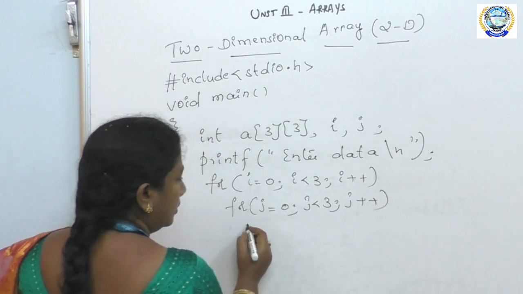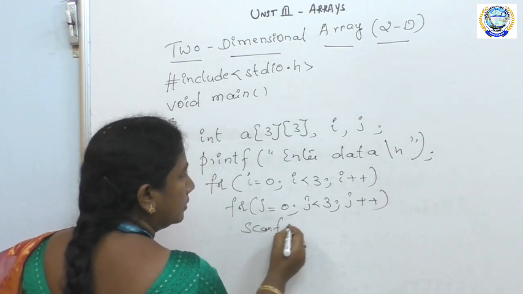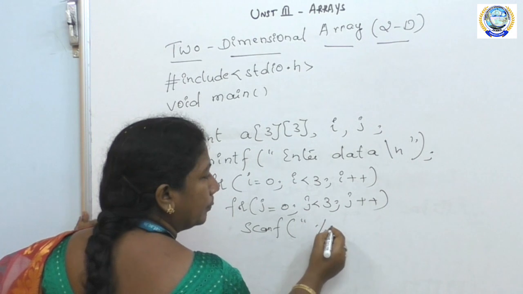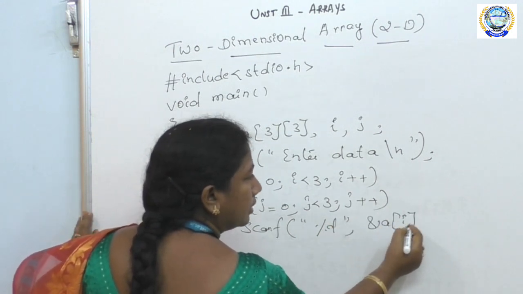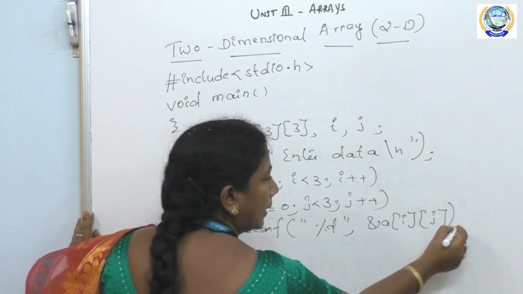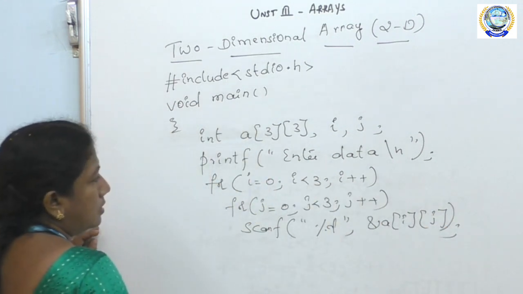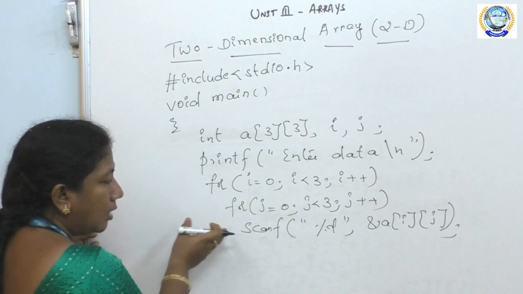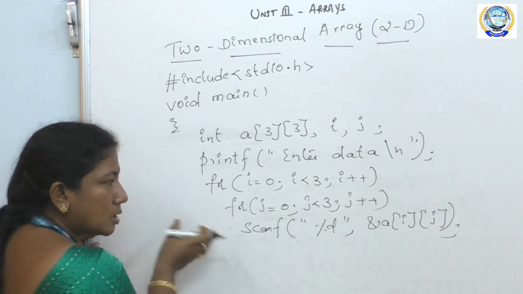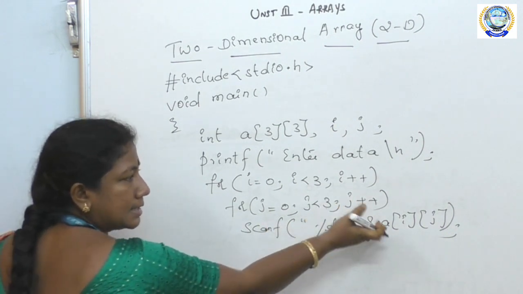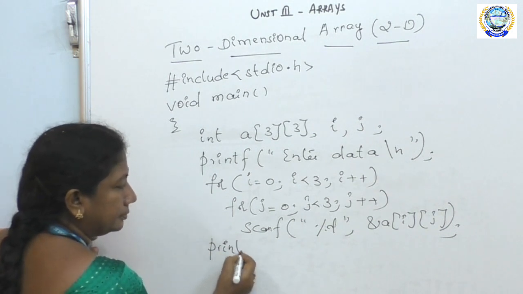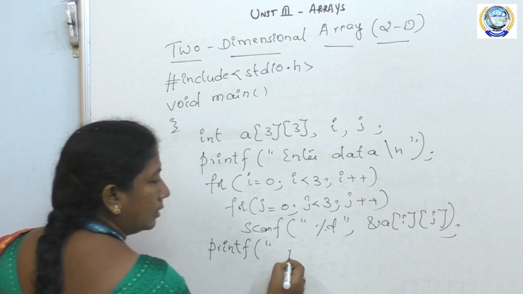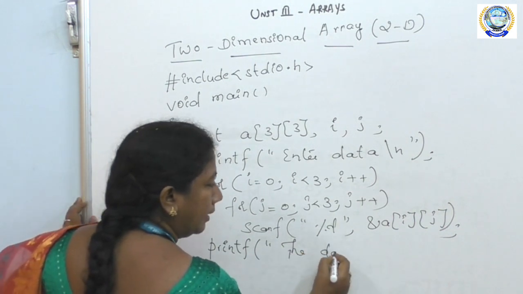Okay, this is for taking the data, &a[i][j]. Next, now I am printing those values which are taken in this array, that is printf("the data is").